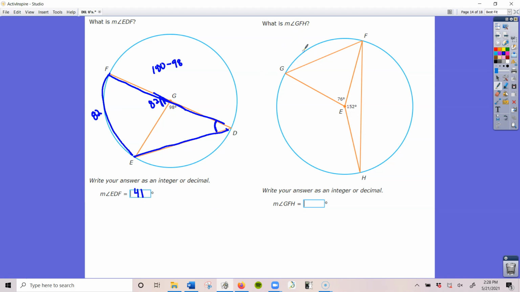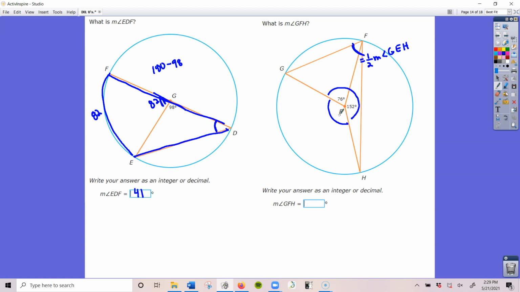Okay, over here we're trying to find the measure of angle GFH. So this angle. And this is like the other one that we did. This angle is going to be half of this angle. So it's going to be half of the measure of angle GEH. So I need to figure out what that angle is. But again, we have these two.